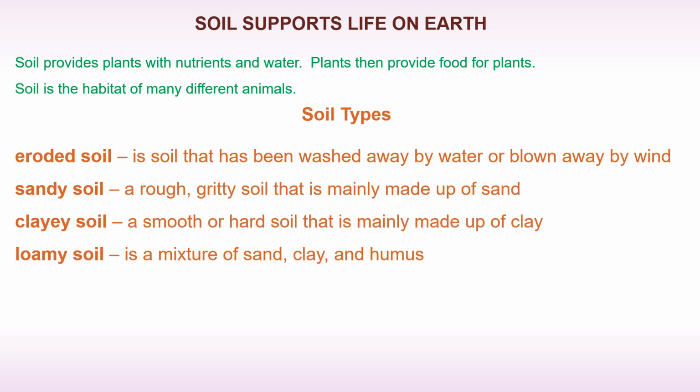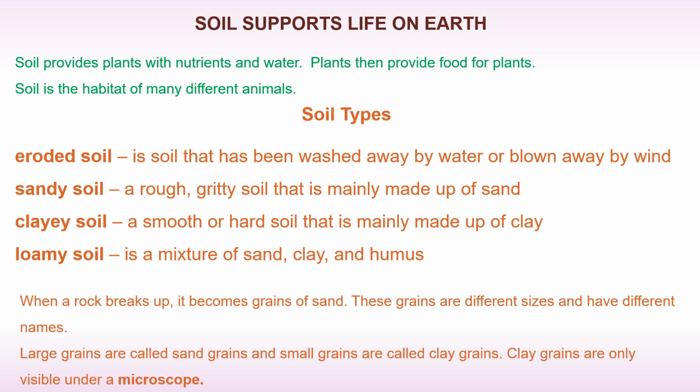Sandy soil is rough, gritty soil that is mainly made up of sand. Then we have clayey soil. It is hard soil that is mainly made up of clay. And loamy soil is a mixture of sand, clay, and humus. When a rock breaks up, it becomes grains of sand.